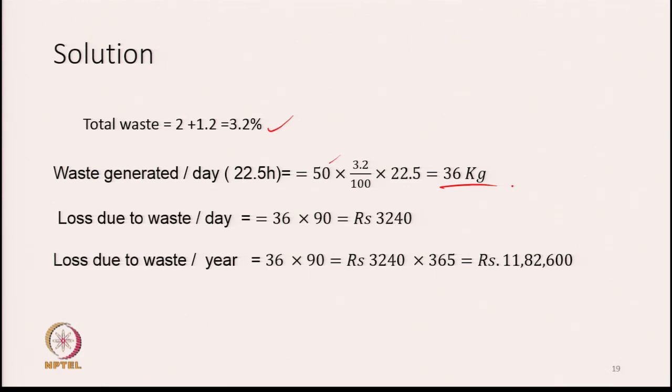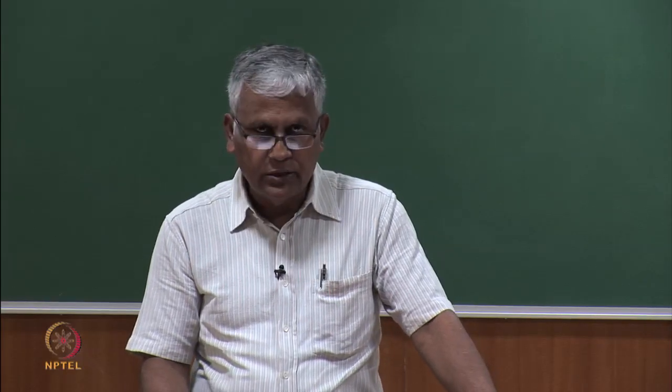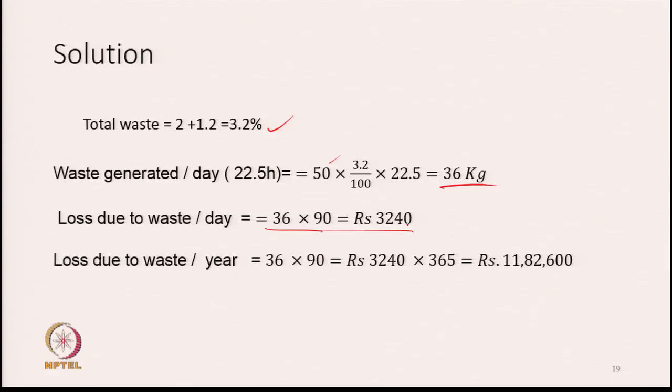And loss which will be there per day is 36 into 90, because this is the waste of fibers which we generate, that was already bought at the rate of 90 rupees per kilo, and hence loss due to this waste will be rupees 3240 per day. If I want to find out the loss for the whole year, though it has not been asked, I multiply it by 365, and that will give me this figure.